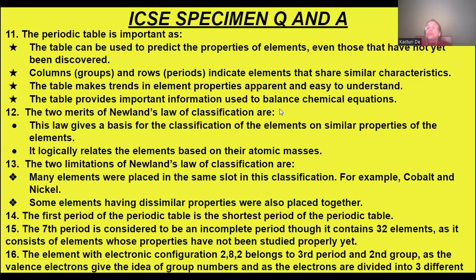The table also provides important information which is used to balance chemical equations, because from the atomic number we can know what type of bond it will form, whether an electrovalent or a covalent bond. We can understand that from the table.